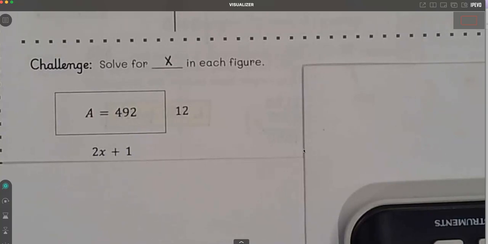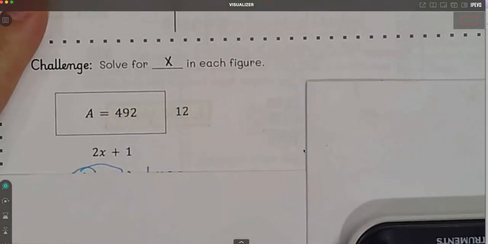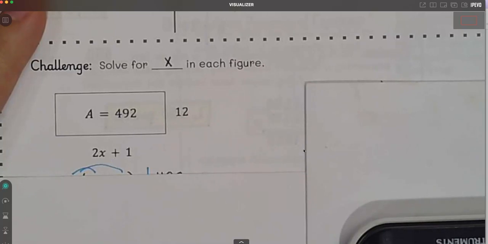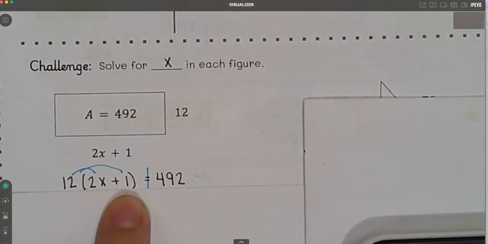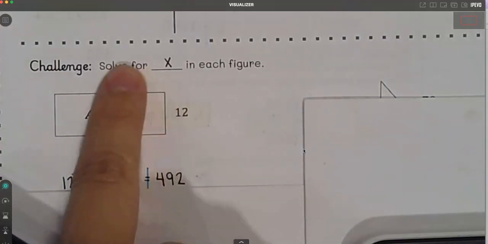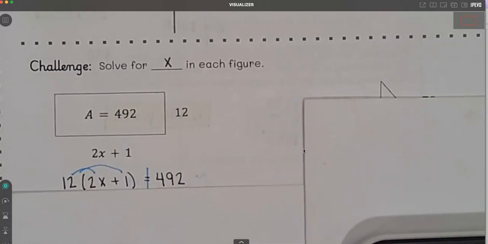All right, so yes, to solve this, remember, area is length times width for a rectangle, right? So length times width in this case is going to be 12 times 2x plus 1. And we know the area equals 492. Any questions how I got that? I think I'm just going to go over these because we have like 4 minutes left.